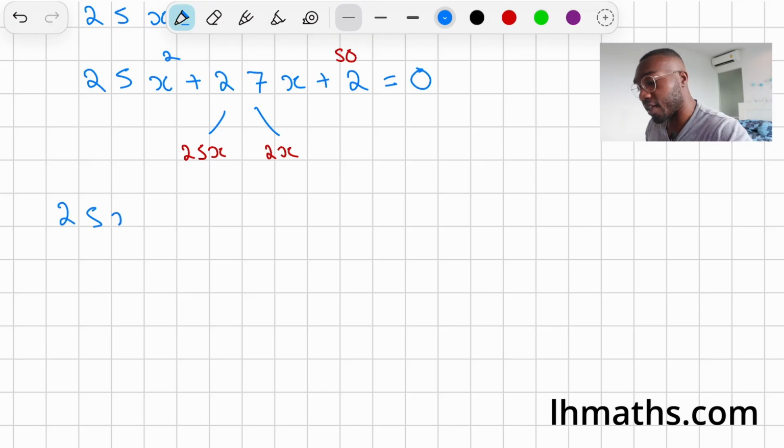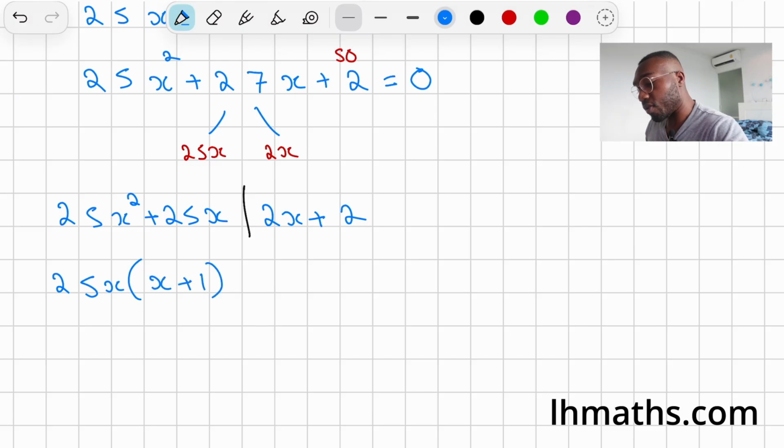And then we want to factorize these two separately. Okay, so we have 25x squared plus 25x, and then we have 2x plus 2. If we factorize these two separately, with this 25x squared plus 25x, we can take a factor of 25x out, which leaves us with x plus 1. And we can do the same thing on this side.